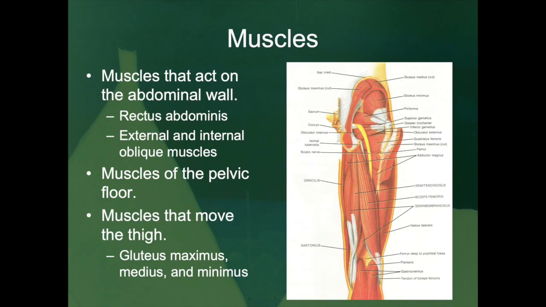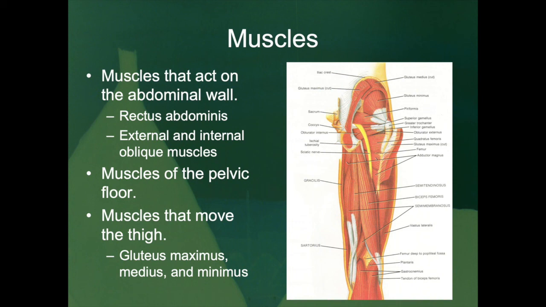When you're talking then about the muscles that move the thigh, it's important to touch upon the work of the gluteus muscles. There are three expressions to the gluteus muscles. We have the maximus, this muscle that associates with the iliac crest along with the sacrum and the coccyx. This extends and rotates the thigh laterally.